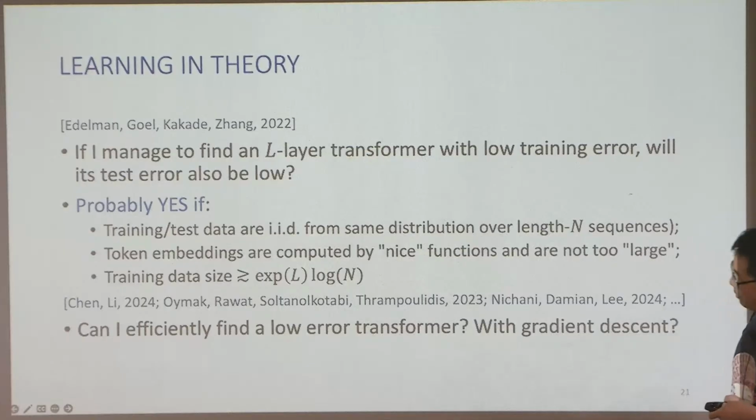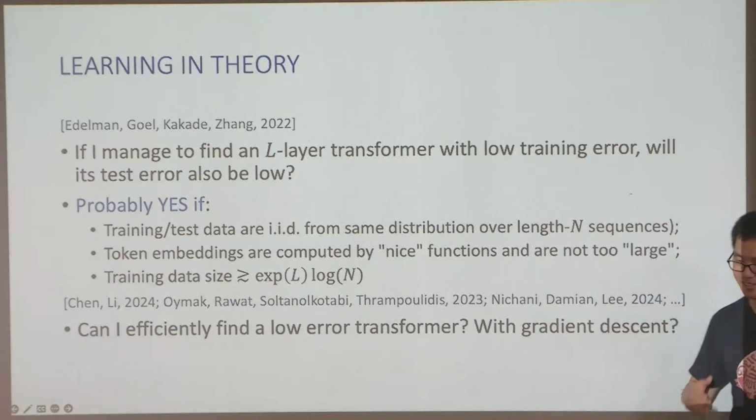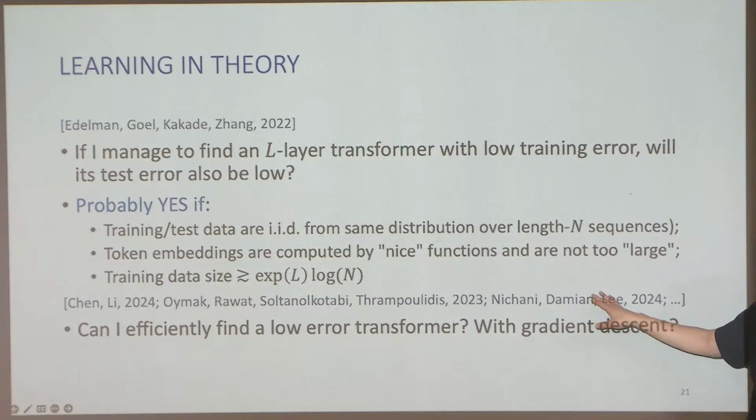If the data is Gaussian, whatever that means for tokens, and the task you want to solve is very simple, maybe computed by a single self-attention head, then gradient descent will do this. Not very much. I think this is already non-trivial because we don't even really know how to do this beyond very simple deep neural networks, let alone L layer transformers.